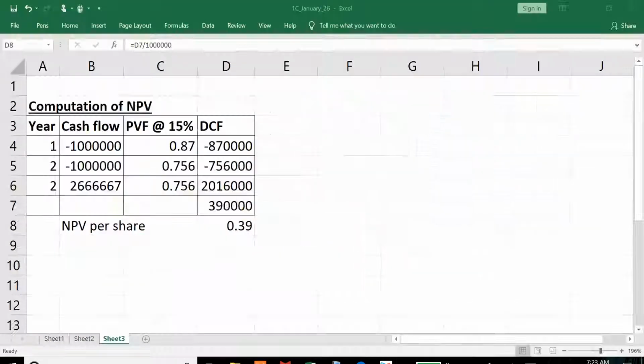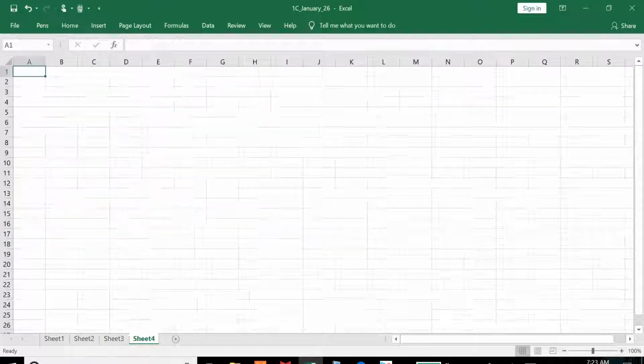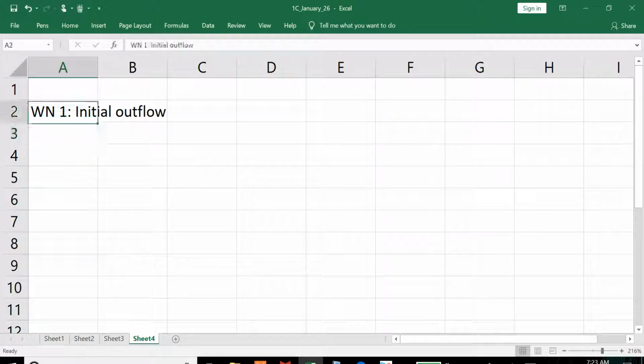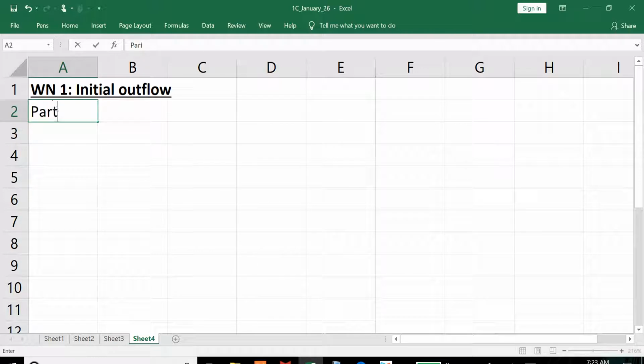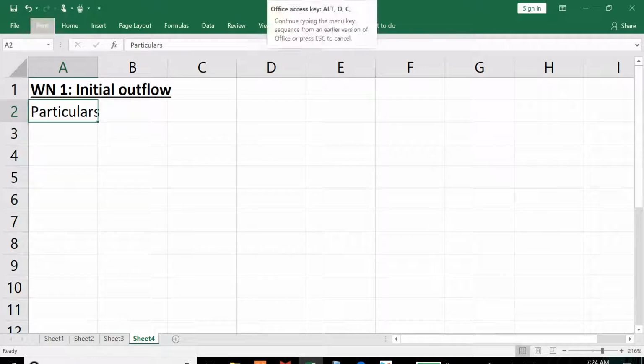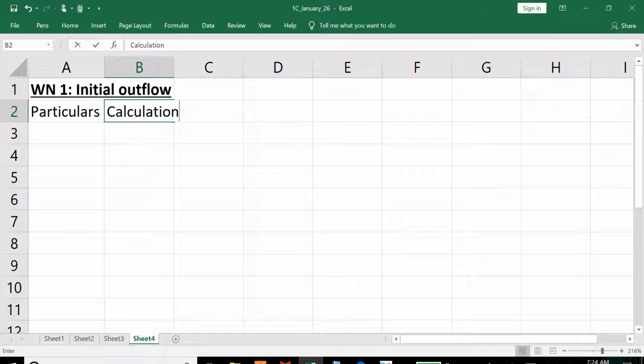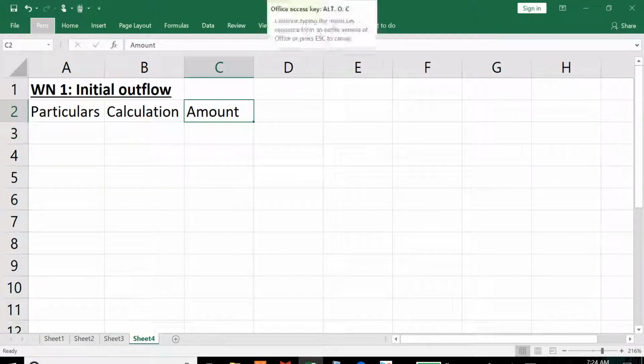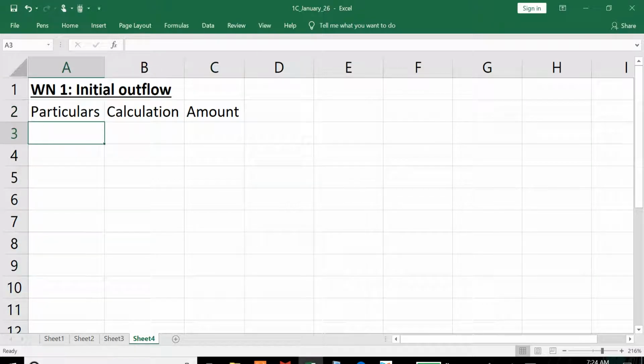Working note 1, initial outflow. Particulars, calculation, amount.